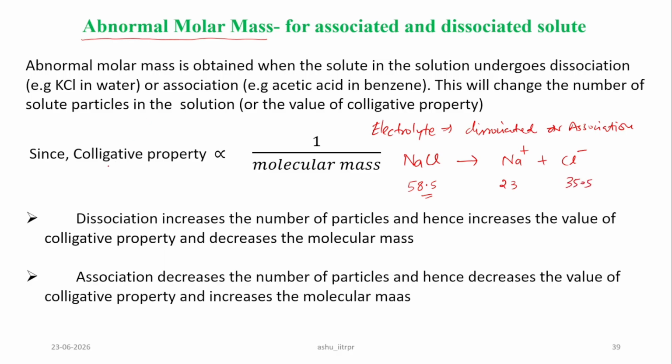From the previous lecture, we know that colligative property varies inversely with the molecular mass. So in calculation, we will take this molar mass, but the colligative property will depend upon these two particles, and these two particles have different masses, 23 and 35.5. That is why it is called abnormal molar mass.